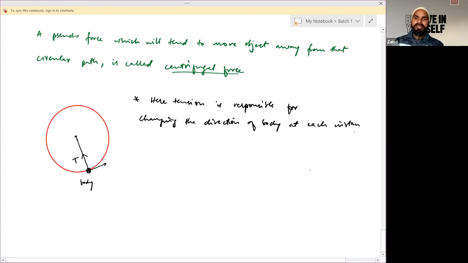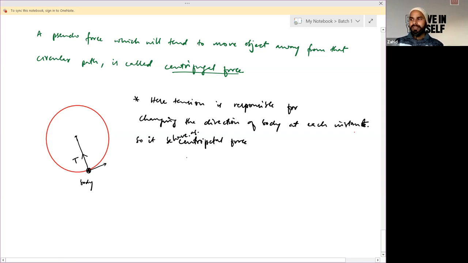So it will behave as centripetal force. So how to calculate centripetal force?